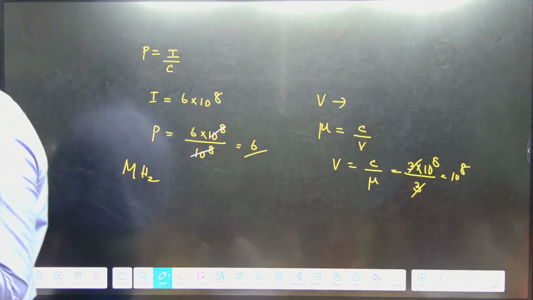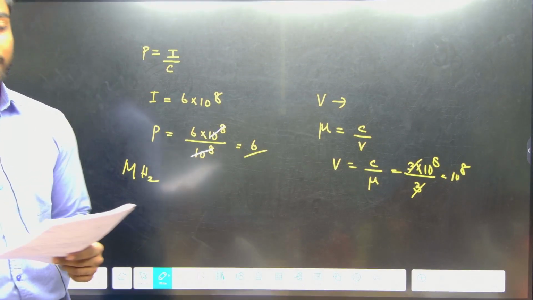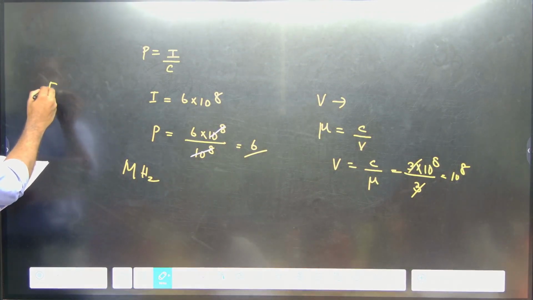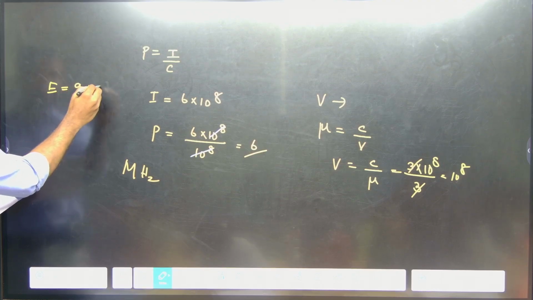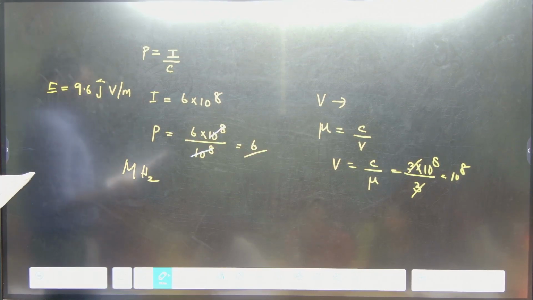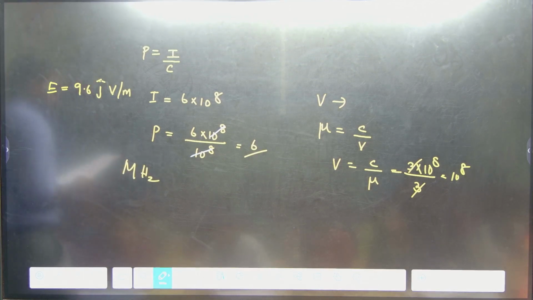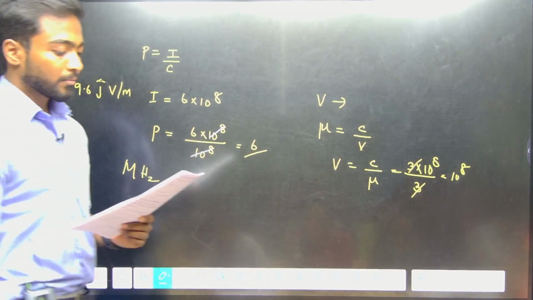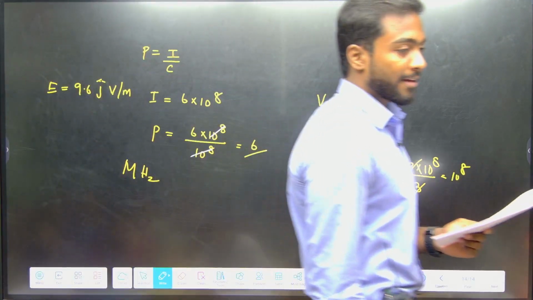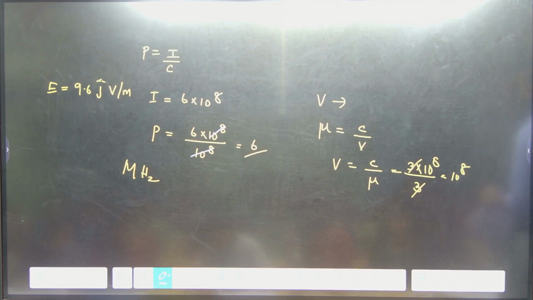At a particular point, E is equal to 9.6 j cap volt per meter, in bracket in space and time, close the bracket.